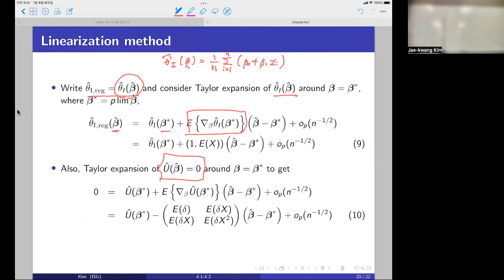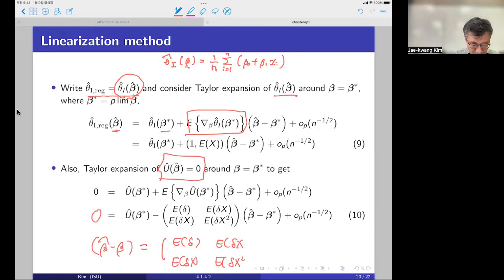The good news is that you actually have this guy, so that you can obtain the inverse of U plus a little something.